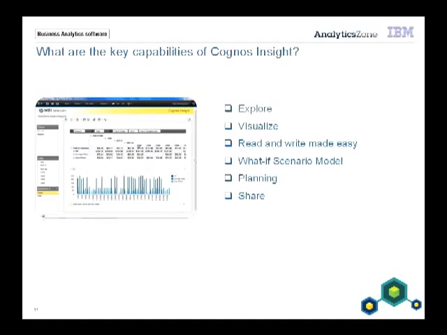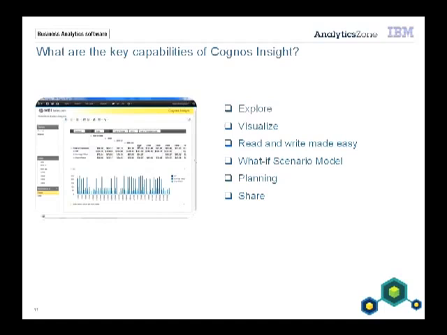So the key capabilities of Cognos Insight are the fact that we can explore our data. We have great visualizations that we can look at in terms of bringing up on the screen and being able to dig into the data sets. We have read and write capabilities. We're able to write back to our data without having to create any scripts to do so. So it's very, very intuitive in that respect.